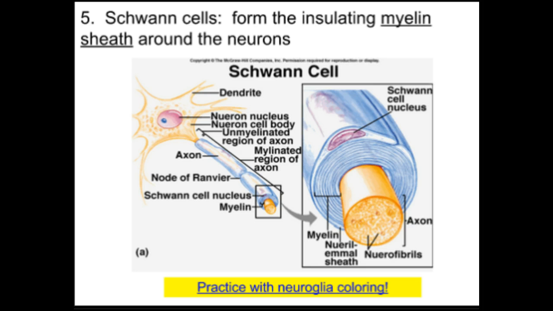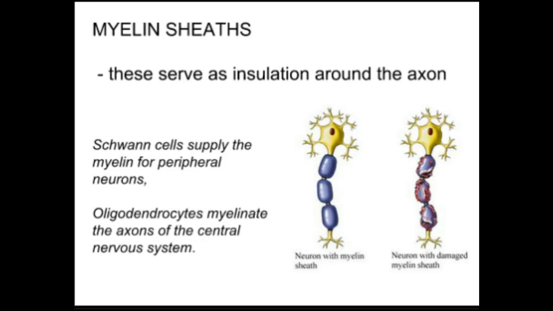Schwann cells form an insulating myelin sheath around neurons. The myelin sheaths serve as insulation around the axon. Schwann cells supply the myelin for peripheral neurons. Oligodendrocytes myelinate the axon of the central nervous system.